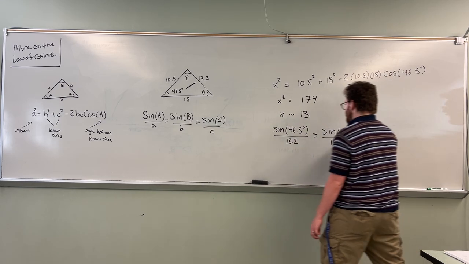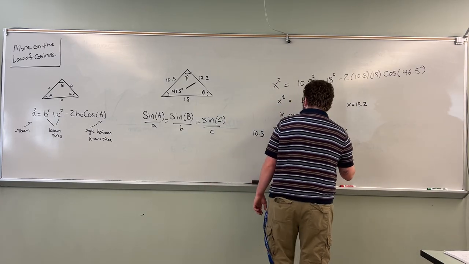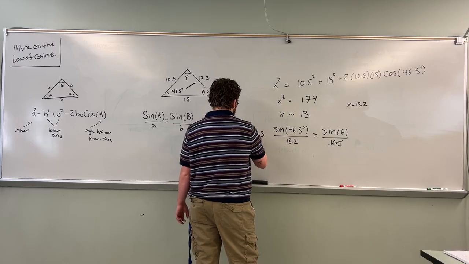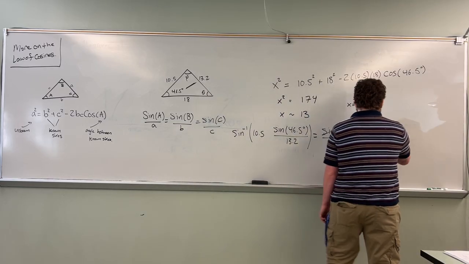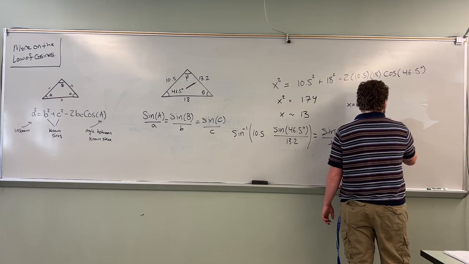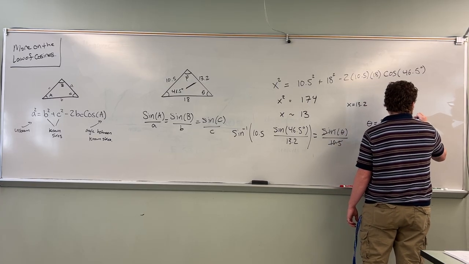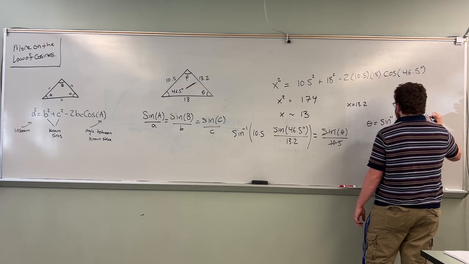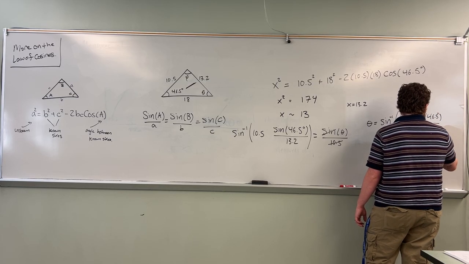So multiply both sides by 10.5. Take the inverse sine. So I get theta is equal to the inverse sine of 10.5 sine of 46.5 degrees over 13.2.